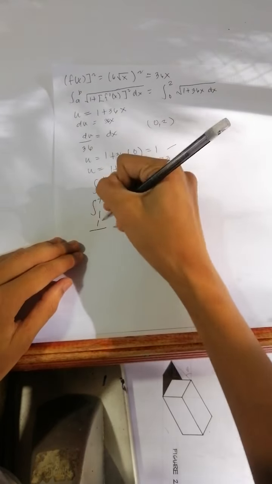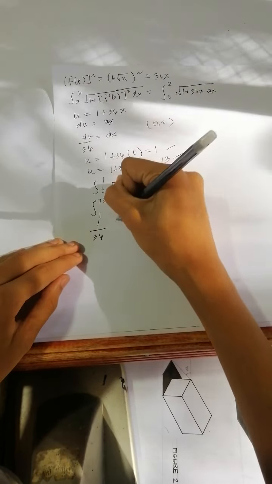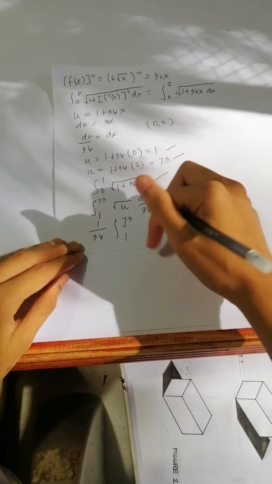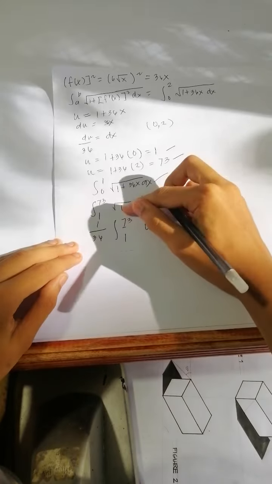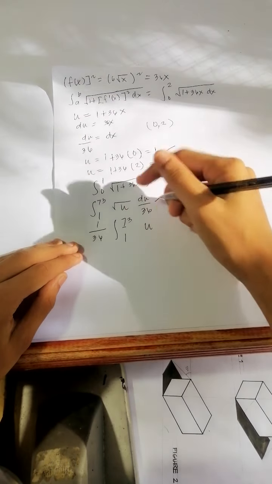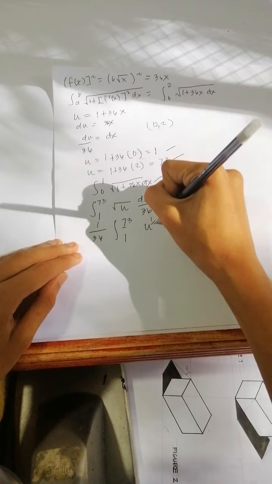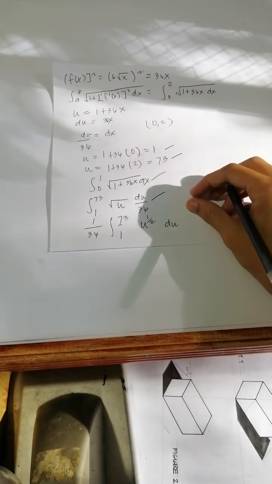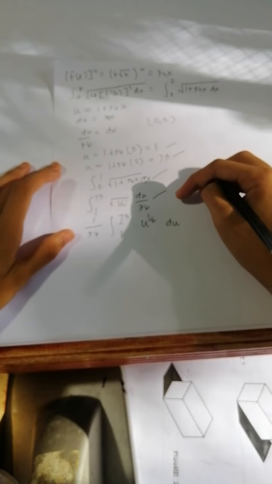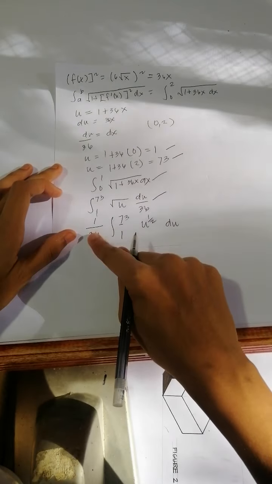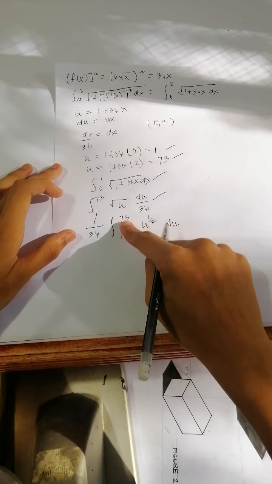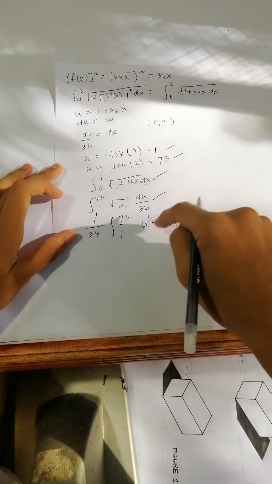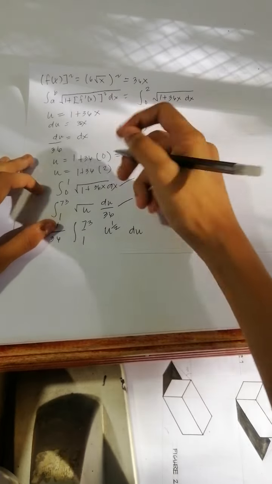The integration goes like this: 1 over 36 times the integral from 1 to 73, just copy this, and then the square root of u. You can rewrite this square root of u as u raised to the power of 1/2, and then copy du. Take the reciprocal of the 36 so that it becomes 1 over 36, the integral from 1 to 73 of u raised to the power of 1/2 du. Then copy du, because it will remain.